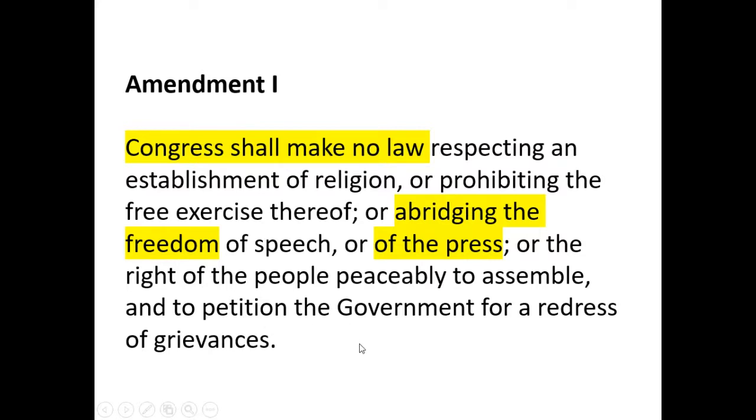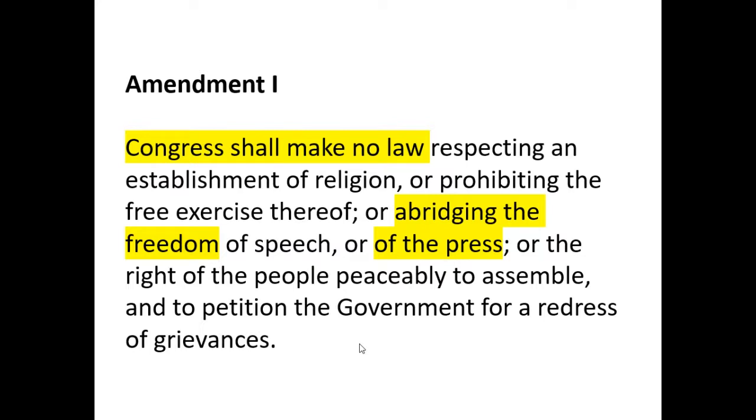But you're also supposed to understand that it is implied with each successive provision of the Bill of Rights. So if we go to the Second Amendment, the right of the people to keep and bear arms, you're supposed to understand that it is intended to read, Congress shall make no law abridging the right of the people to keep and bear arms.